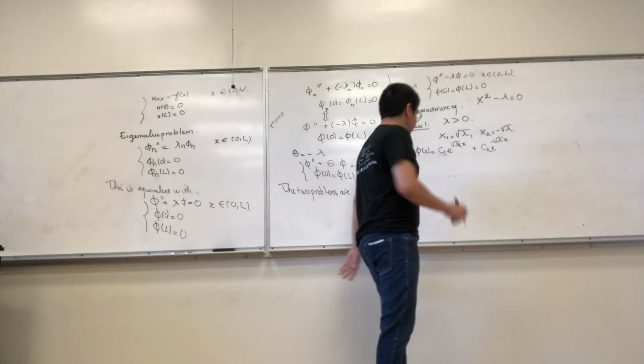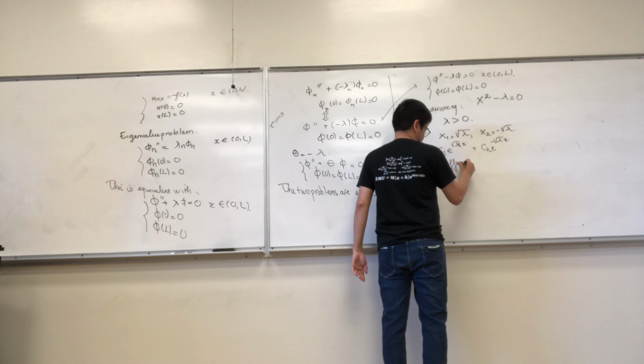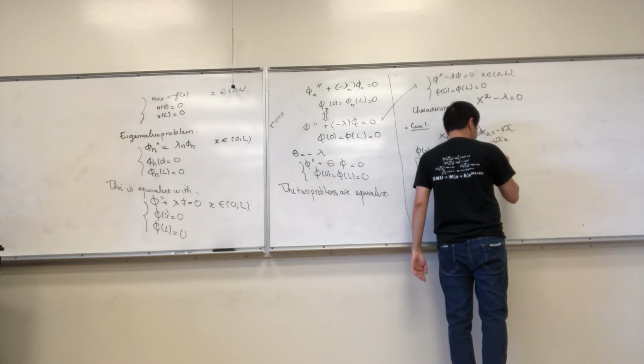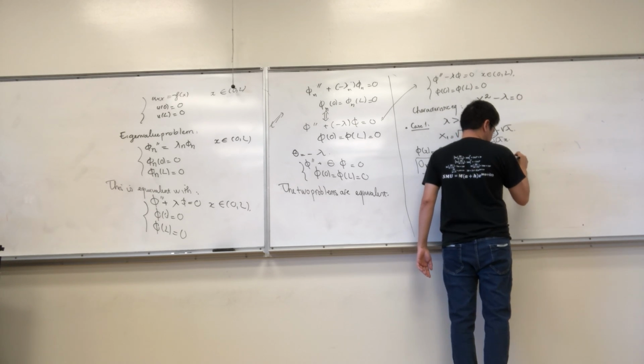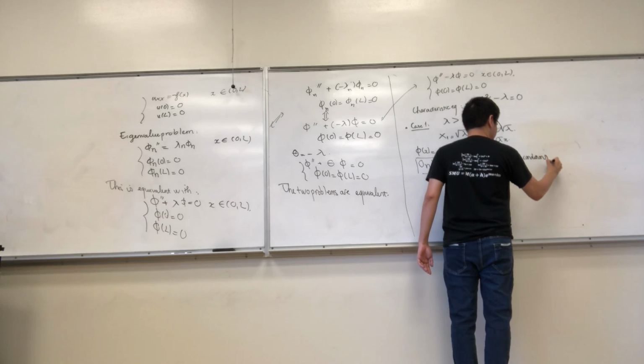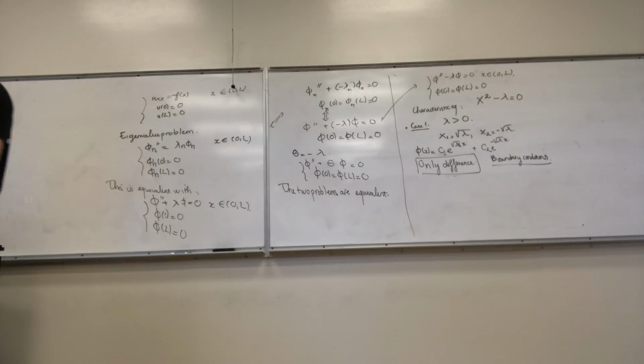The only difference is only the boundary condition, right? For this kind of problem, the strategy will be the same. The only thing which distinguishes one case from the others is the boundary condition.